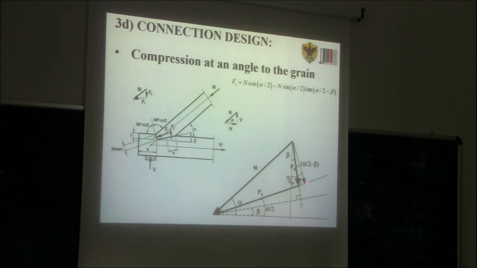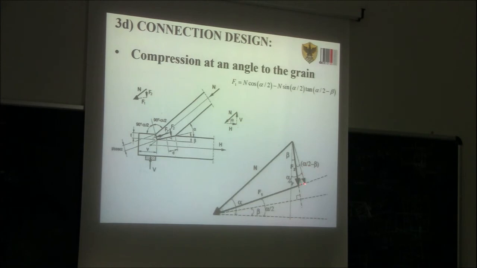So this short side here, if you consider this other rectangular triangle here, will be this length here times tangent of this angle here. So this angle here, since this is alpha divided by 2 and this is beta, this angle is alpha divided by 2 minus beta.